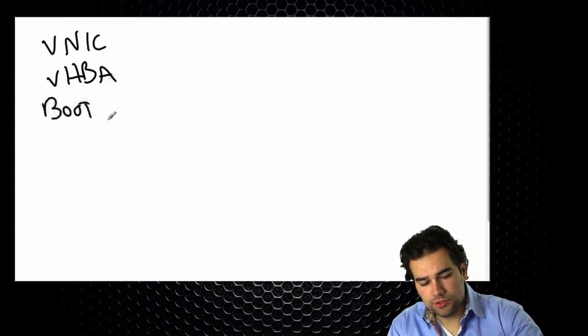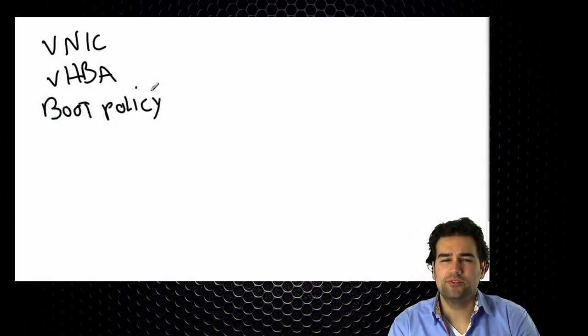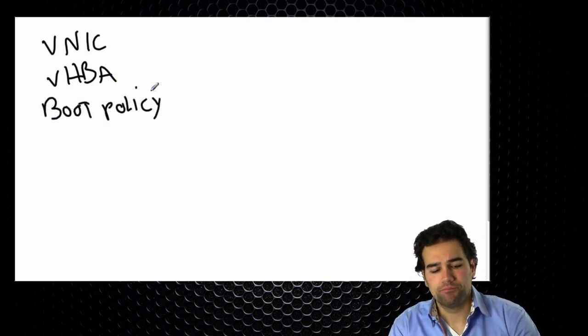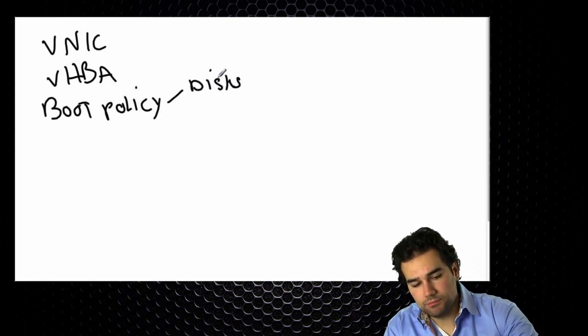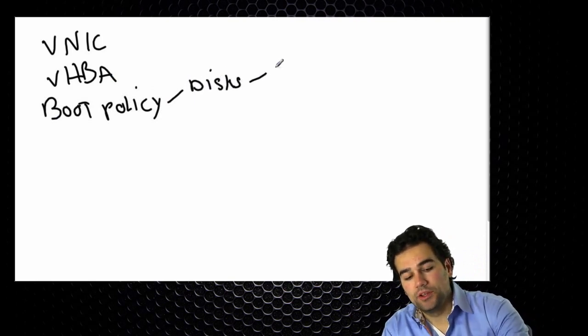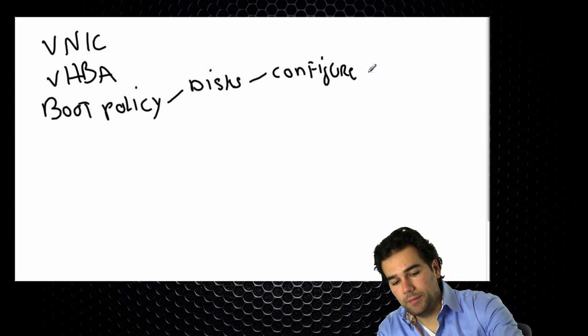How do I boot the server? There's no real default in how I boot a server. So do I boot it from local hard disks that are in the system? Then how do I want to configure these disks? If I have 2 or 5 or 10 disks in the system, I might want to do some RAID controller configuration.